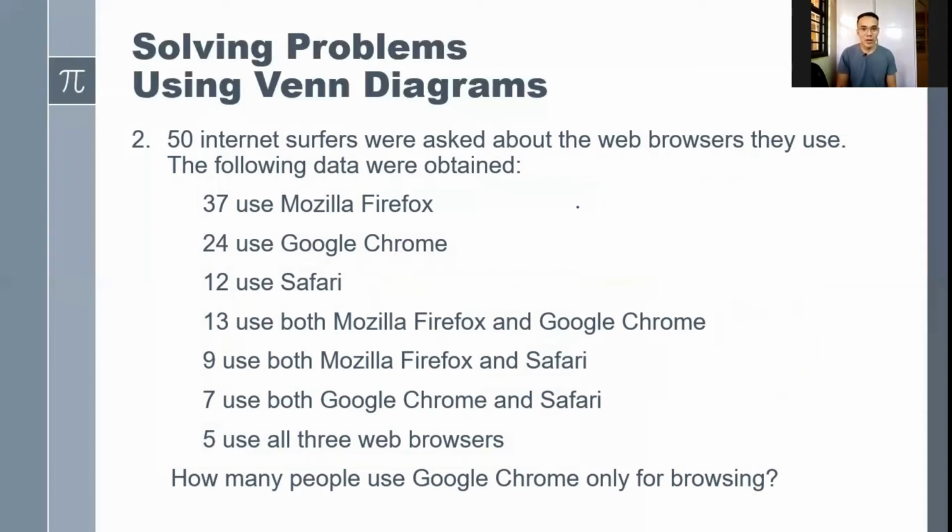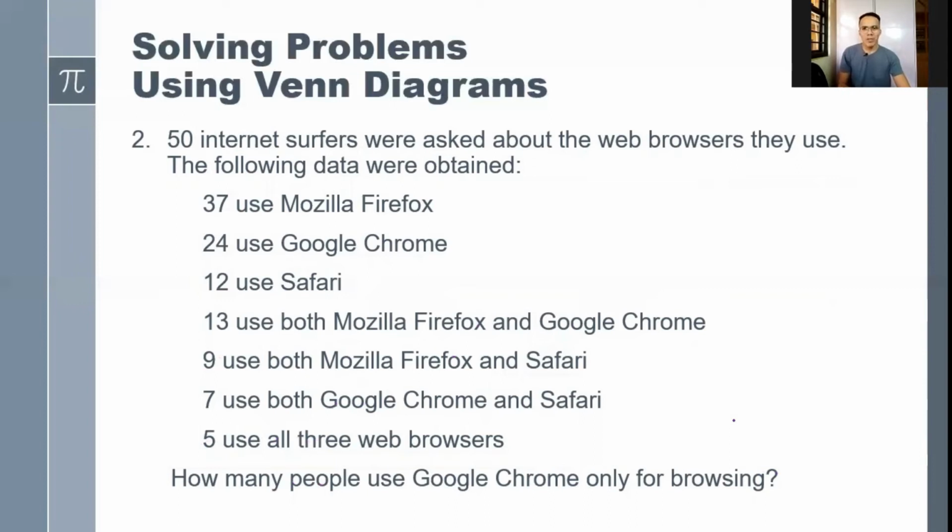The following data were obtained. 37 use Mozilla Firefox, 24 use Google Chrome, 12 use Safari, 13 use both Mozilla Firefox and Google Chrome, 9 use both Mozilla Firefox and Safari, 7 use both Google Chrome and Safari, 5 use all 3 web browsers. The question here is, how many people use Google Chrome only for browsing?